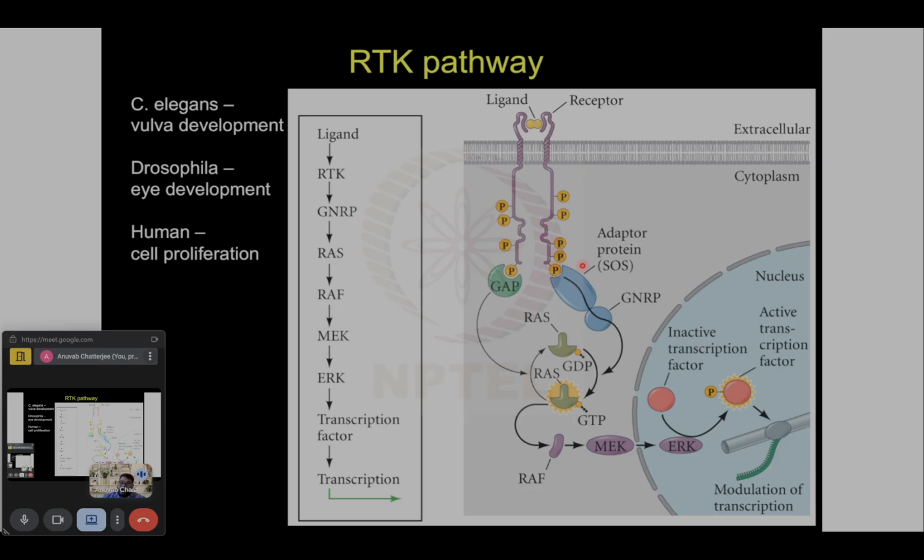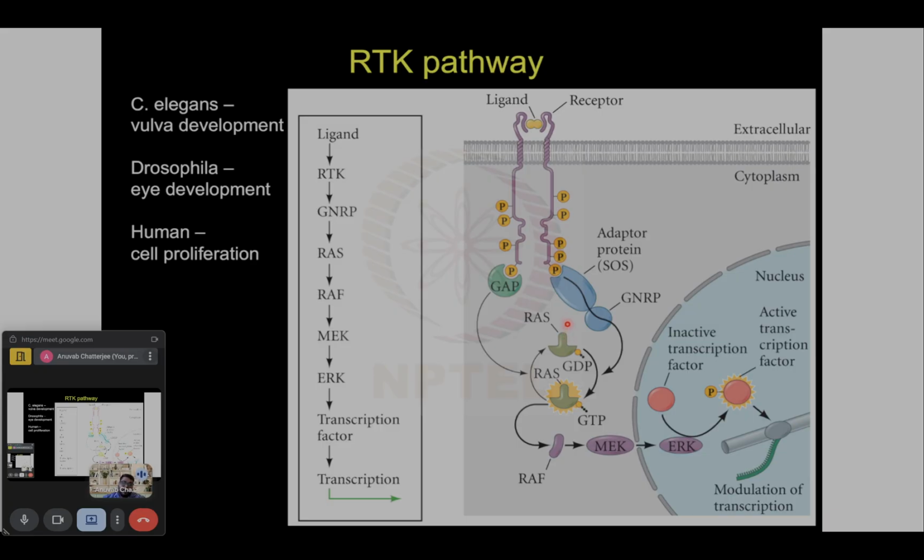So once the ligand binds to the receptor, the first thing that happens is that the intracellular domain gets phosphorylated, and the first protein that it in turn phosphorylates is known as the SOS or adapter protein. This is Son of Sevenless in case of Drosophila, and once SOS is phosphorylated, the GNRP domain, which helps to transmit the signal further downstream, will go ahead and activate a monomeric GTP binding protein known as RAS.